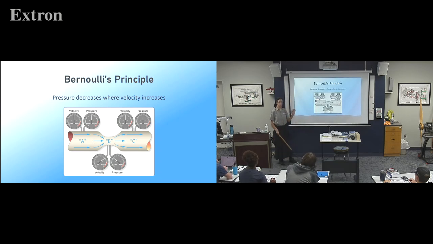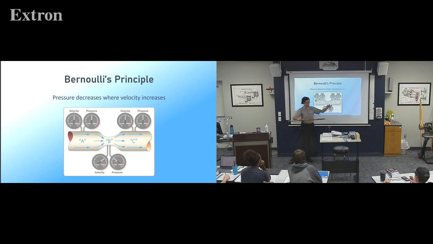But what you need to know now is as this narrows down, the velocity of our fluid through there increases. So it's going happy on its way, all of a sudden it gets narrow, it goes shoo! And the pressure decreases. Then when it widens out again, our velocity slows down, but our pressure increases.